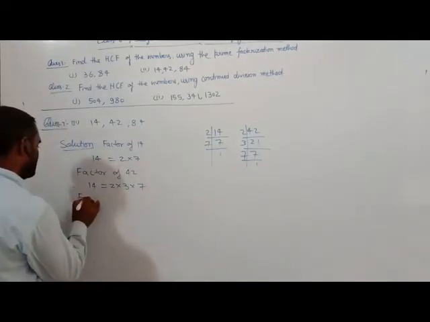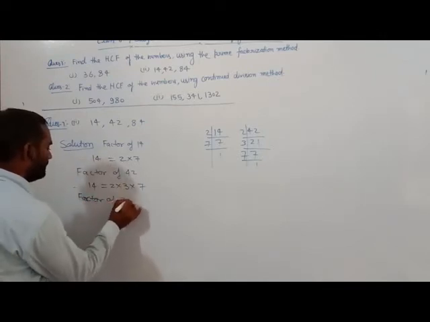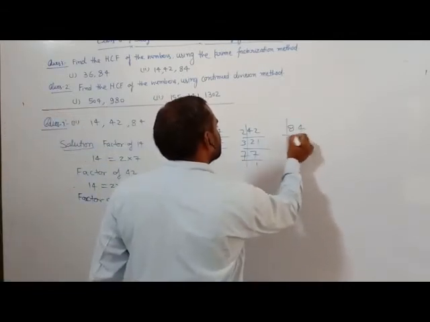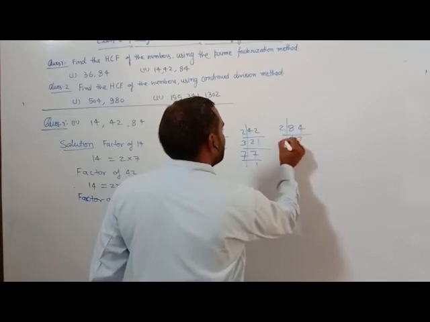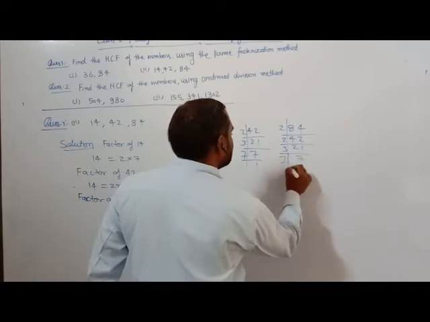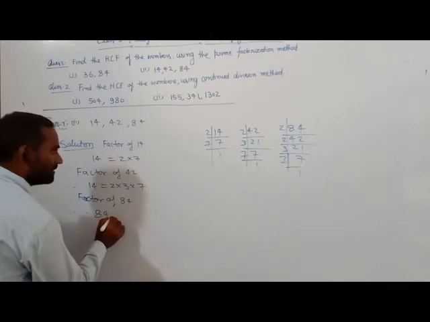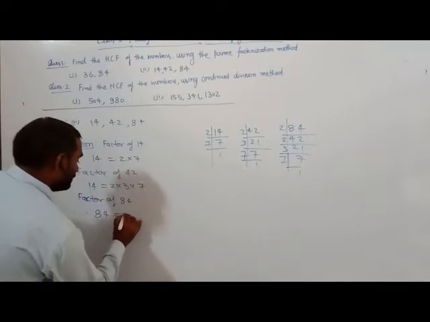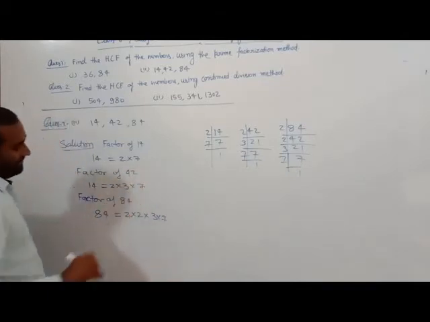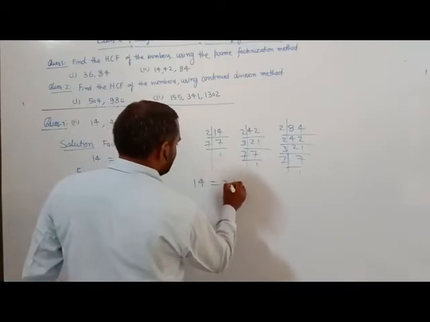Factor of 84. 2 fours are 8, 2 twos are 4, 2 twos are 4, 2 ones are 2, 3 sevens are 21, 7 ones are 7. 84 is equal to 2 into 2 into 3 into 7. So we can write 14 is equal to 2 into 7.